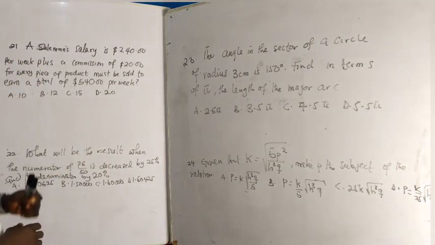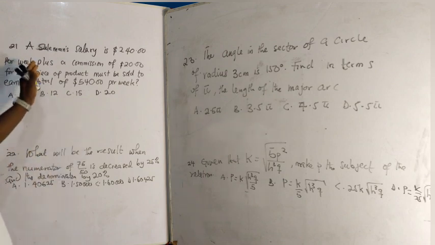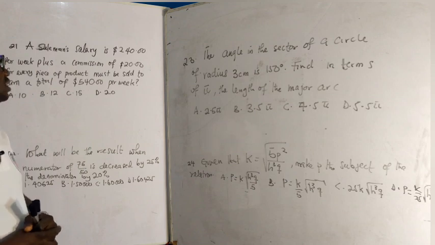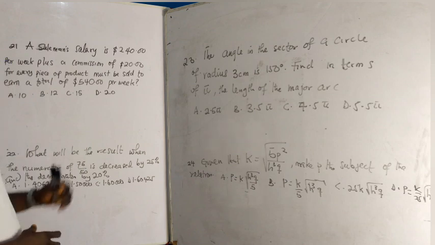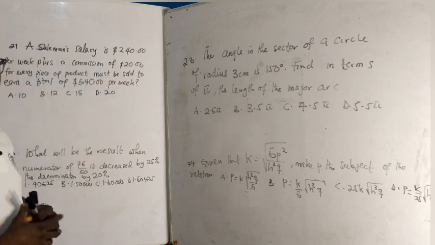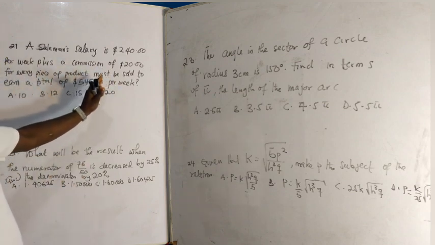We are going to look at the first question, number 21, and the question will say a salesman's salary is $240 per week plus a commission of $20 for every piece of product sold.